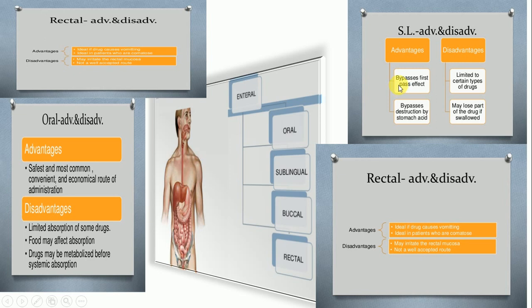The sublingual route will bypass the first pass effect, because the drug will not pass into the stomach or along the GIT system, but will go directly to the systemic circulation. Another advantage is that it bypasses the destruction by stomach acid, because the drug will not pass through the stomach when it's administered by the sublingual route. Instead, it will be absorbed directly into the systemic circulation.